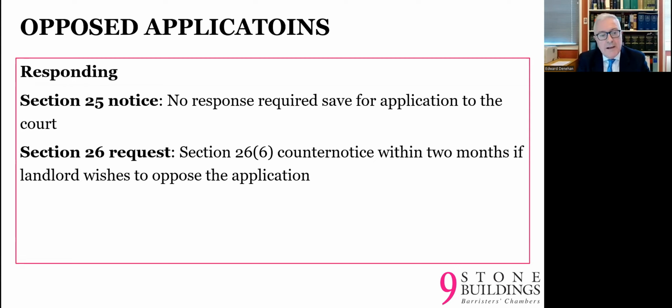If the tenant limited had taken the initiative in our case and served a section 26 request, if landlord limited, as it does, wished to oppose the application under section 31F or one or more of the other grounds, it would have to serve a counter notice within 2 months, specifying that it would oppose an application and would rely upon section 31F. So again, if that doesn't happen, then the landlord can't oppose the application for a new tenancy.